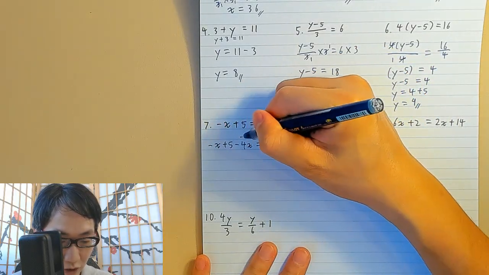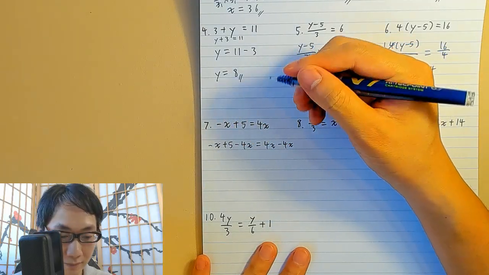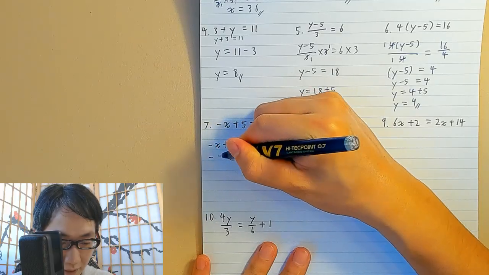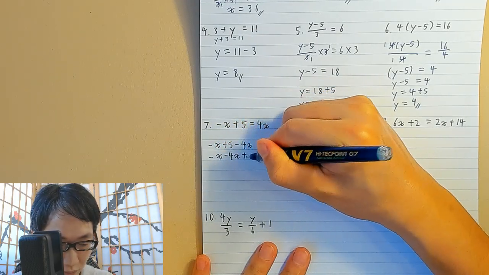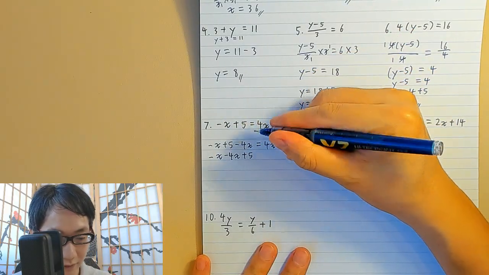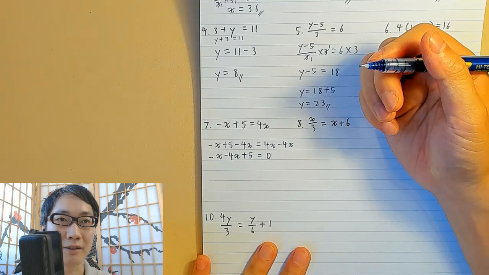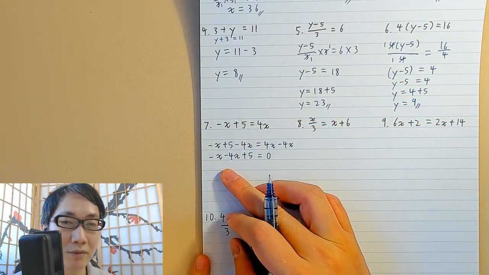Then we rearrange because these are terms, so we can rearrange them. So minus x minus 4x plus 5 is equal to 0. Okay. It's also known as collecting like terms.